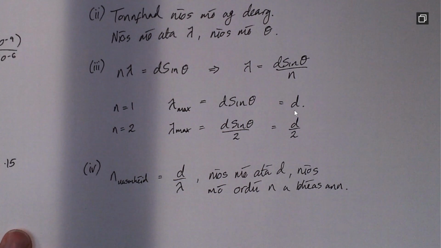Part five: how does the spectrum obtained from a diffraction grating differ from that obtained from a prism?